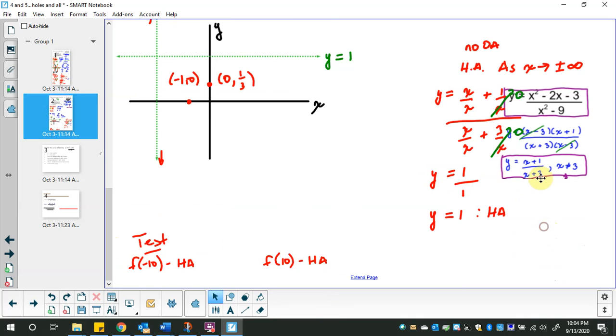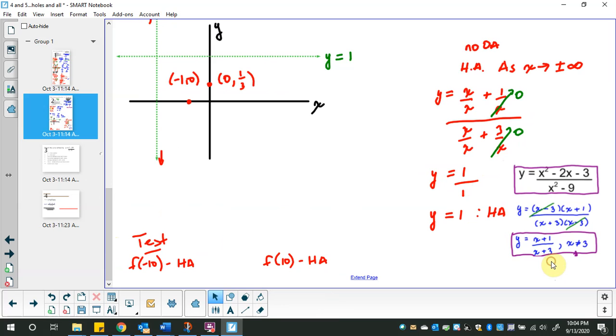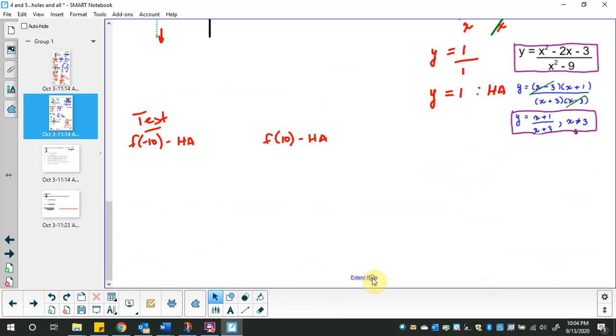And again, I'm going to use the bottom box of information to do my test because it's way less material, and I think I can successfully put in -10 and 10 in there easier than the top box of information. So -10 plus 1 over -10 plus 3 minus the horizontal asymptote, which is 1.